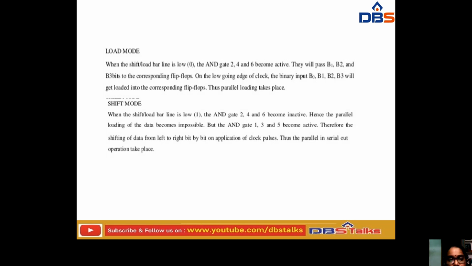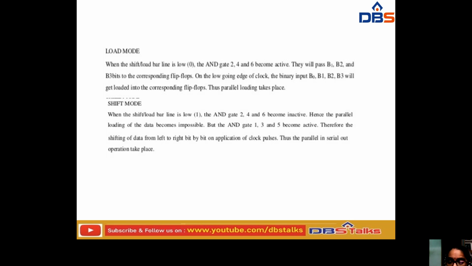Whenever, again, you have to see whether it is in the shift mode or not. We can say that it is in the shift mode when the shift or load bar is high. Then the AND gates 2, 4 and 6 become inactive, hence the parallel loading of data becomes impossible.